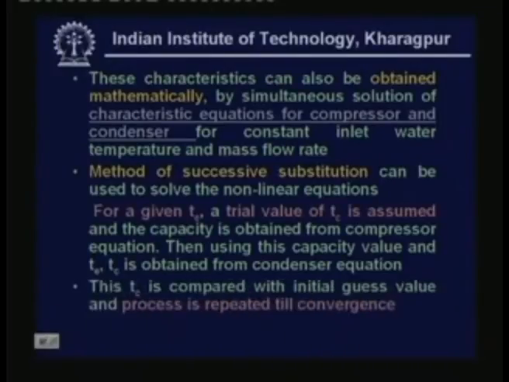Then we compare this calculated value of condenser temperature with the guess value. If they are not the same, we go for a second trial and go on doing this iteration till we get converged values. So this is the principle of successive substitution.